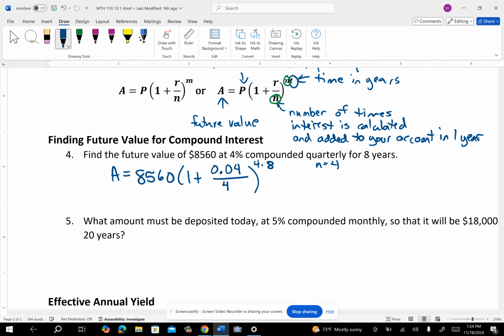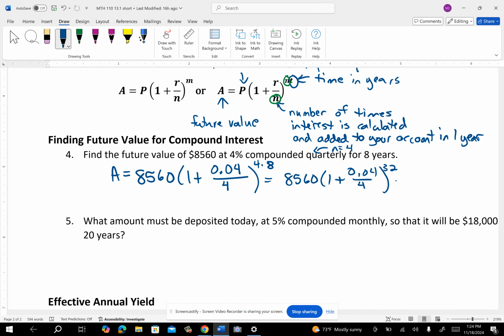That exponent causes the most problems because of how you type this in. Let me move this N equals 4 up a little higher. Quarterly means N equals 4. So when you type this in, go ahead and just put 32 in as your exponent.